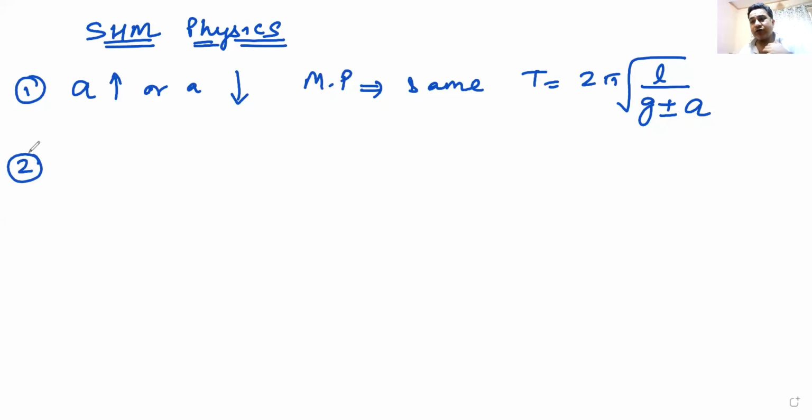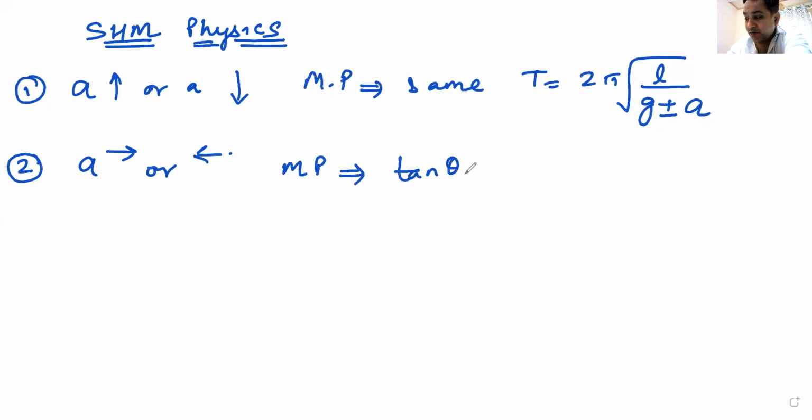Raise hands will give me more confidence. Upwards, downwards, this is the formula. Now, if this is rightwards or leftwards, then the mean position changes, and the new mean position becomes tan theta naught equal to a by g.